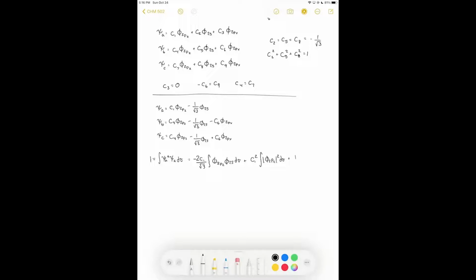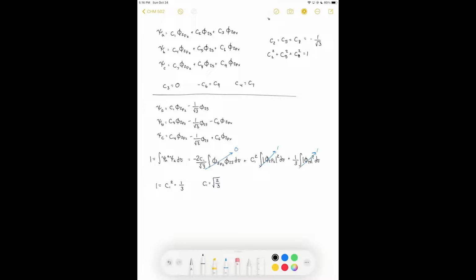And then plus 1/3 times the integral of 2s squared. Since these wave functions are orthogonal already, this integral is 1, this integral is 1, and this integral is 0. And what we end up with then is 1 equals c1 squared plus 1/3. So we can evaluate this and determine that c1 is equal to the square root of 2 over 3 if we were to solve this equation here.